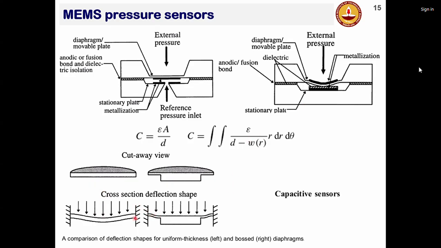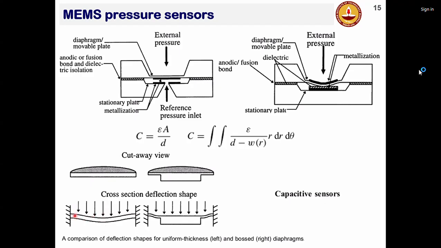So again, the cross sections can be varied. For example, you can use a structure something like this, where the deformation profile will be parabolic, because the mechanics says that the maximum deformation will be at the center.